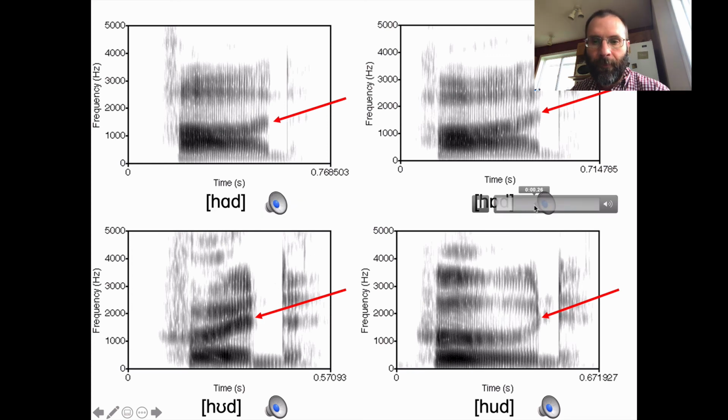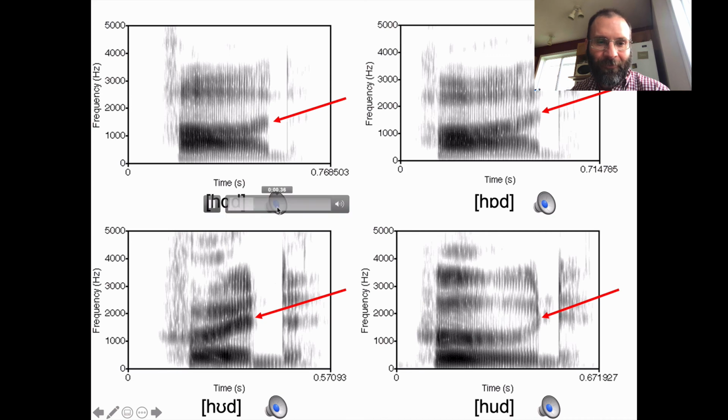Hod, hood. Hood is kind of a funny one. Hood is another lax vowel and doesn't really want to stay put there. So it kind of rises up into something more like an I before he actually gets to the stop closure at the tail end.